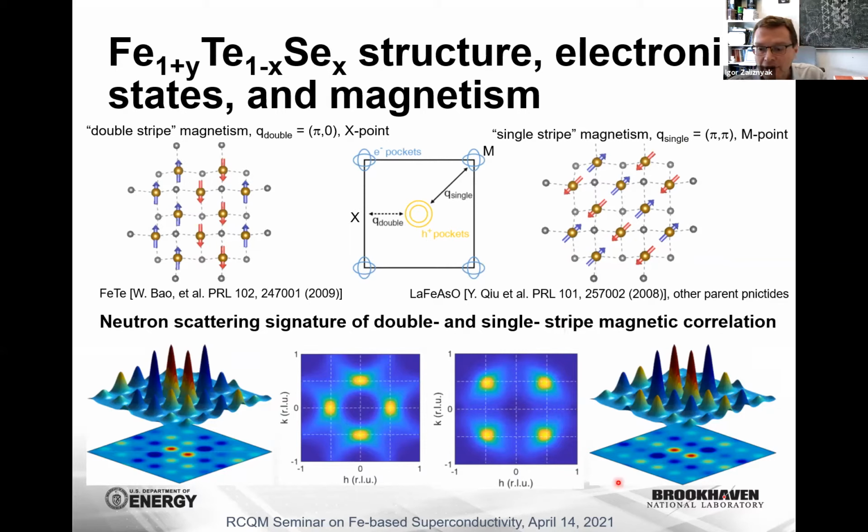For example, the short-range version of this single stripe order, whose real space version is illustrated on the bottom right, that would be measured by neutron scattering, is shown in the right middle panel with strong intensity at pi pi points here, while neutron scattering would show a pattern with stronger intensity at pi 0 points in a short-range dynamical version of double stripe magnetic order.